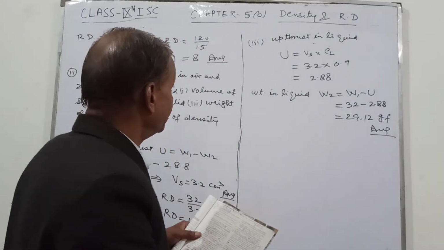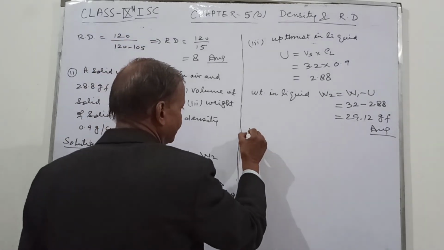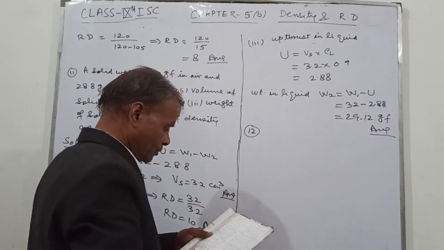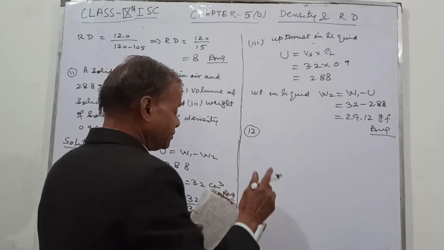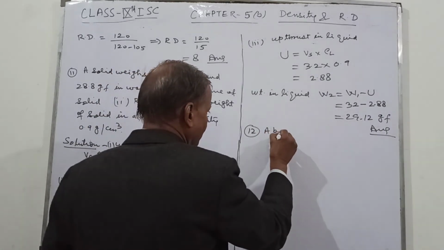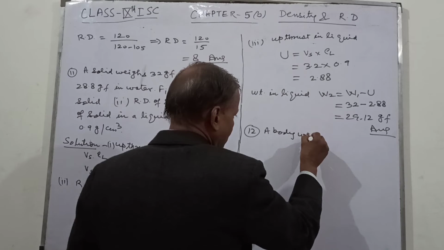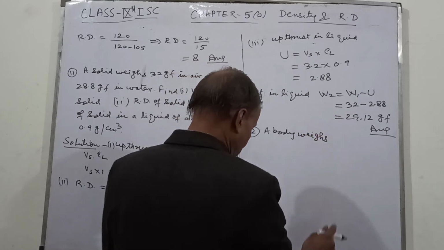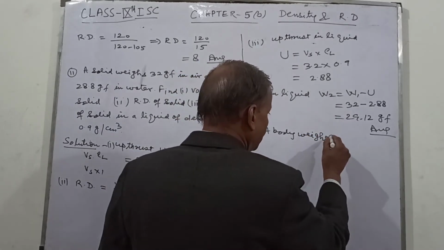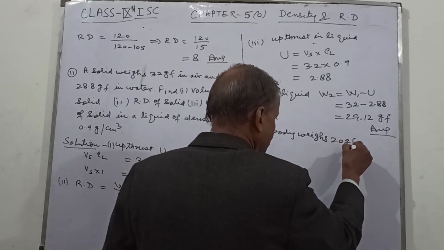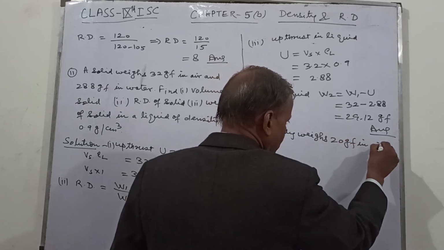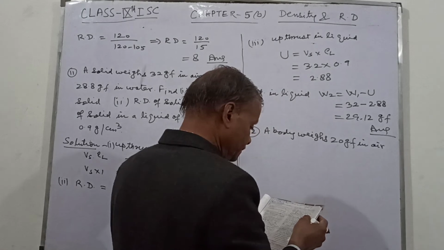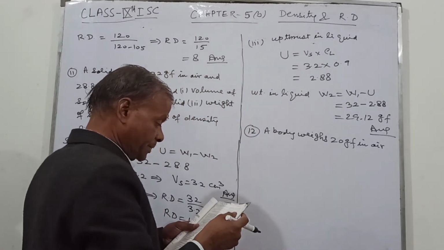Now question number 12. A body weighs 20 gram force in air and 18 gram force in water.